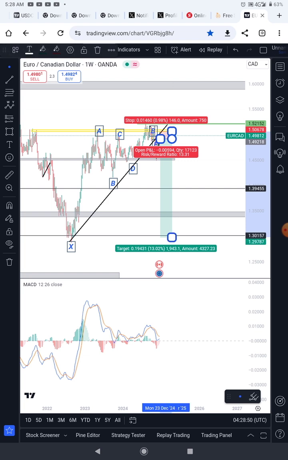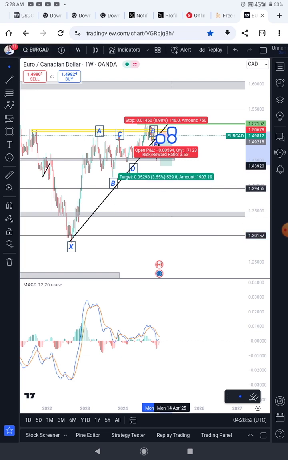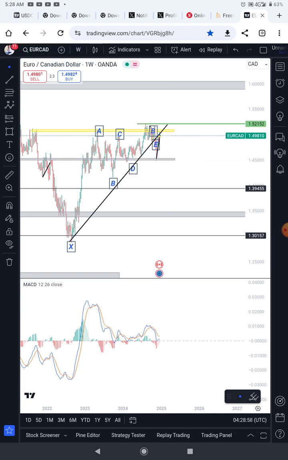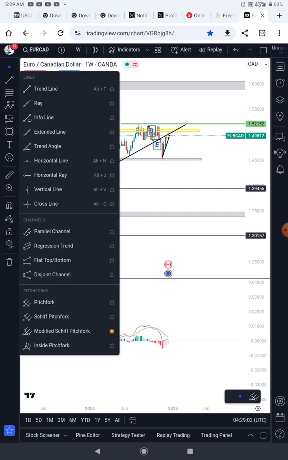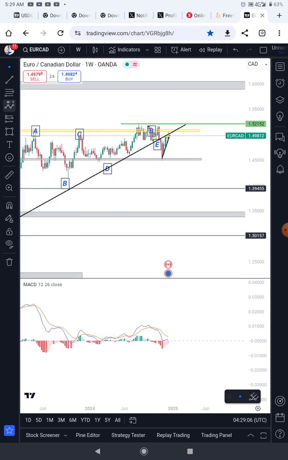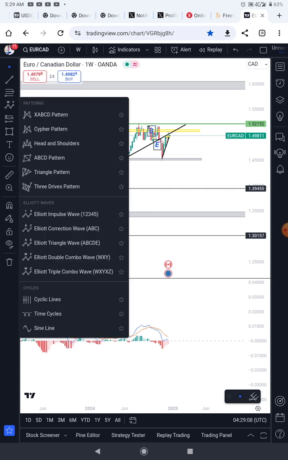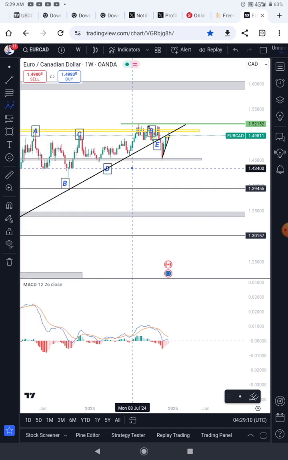Are you seeing the advantage of analyzing on the higher time frame? What you just need to do is take something off the table at TP1, then allow the wave to form.